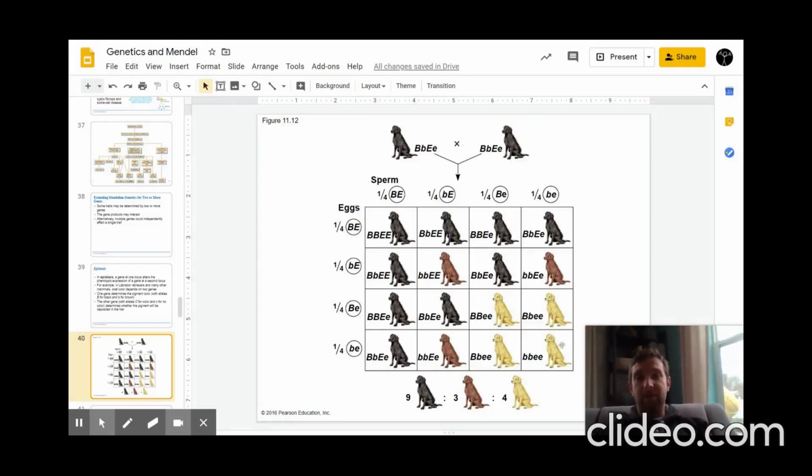Well, we can see that 1/4 of their offspring are going to lack pigment altogether. 3/4 of them are going to have pigment. How many of them are going to have pigment and be recessive for the brown instead of black? Well, it would be 3/4 times 1/4. 3/4 times 1/4 is, and you can see that on the screen.